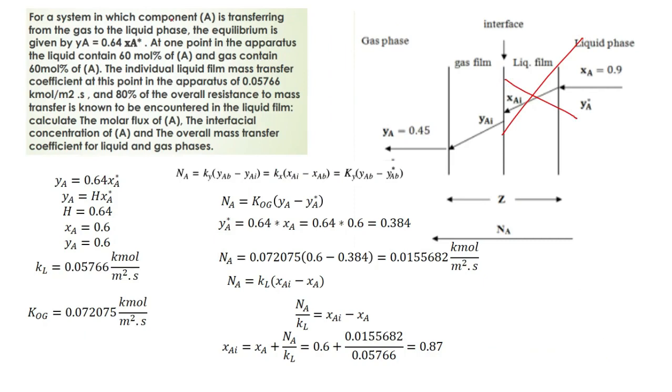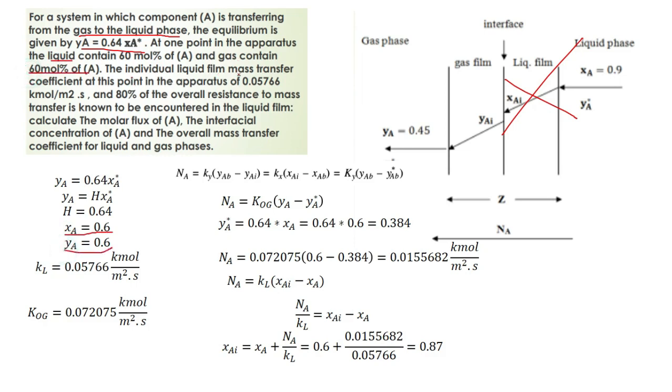Now for a system in which component A is transferring from gas to liquid. So here he has asked you to go from gas to liquid. The equilibrium expression is given by this expression: y is equal to 0.64 into xa. At one point in the apparatus, the liquid contains 60 molar percent of A. So for liquid you will write xa is 0.6, and the gas contains the same amount, ya is 0.6.